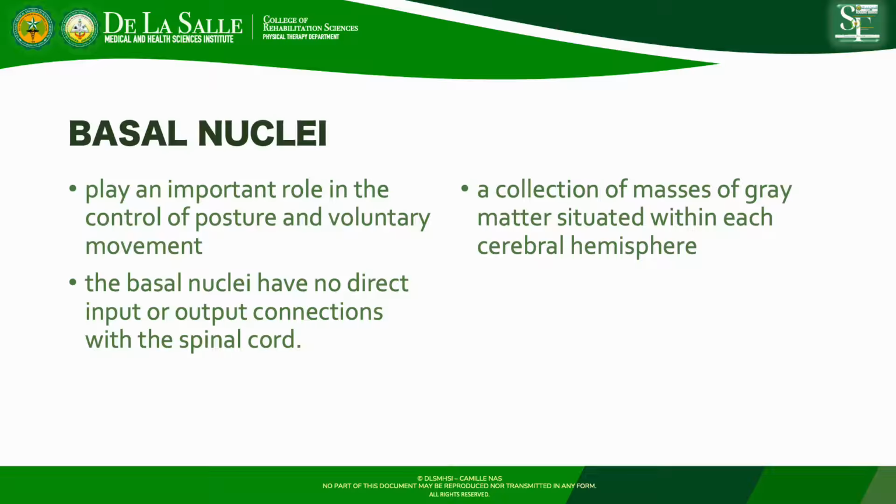Okay? The basal nuclei also has no direct connection with the spinal cord. So that's fascinating to know. And it kind of makes you question how the basal nuclei is able to communicate with our body without having a direct linkage to the spinal cord, because that's our bridge to our muscles in the peripheral system, right?